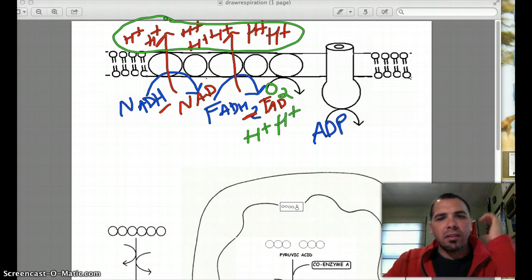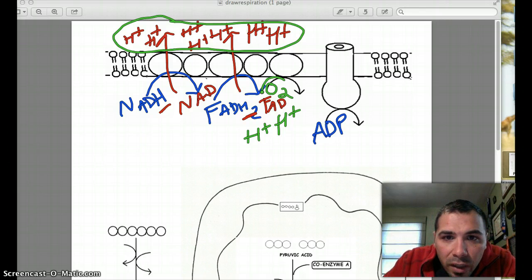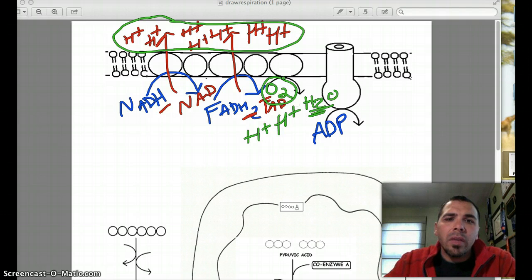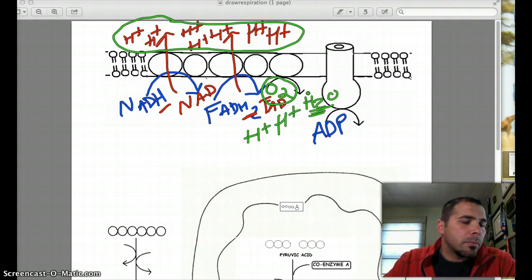But one of the products of cellular respiration is water. Well, where does water come from? Well, we've got this O2 here. We've got some hydrogens here. So oxygen picks up hydrogens here to form water during this part of respiration that I'm showing you.